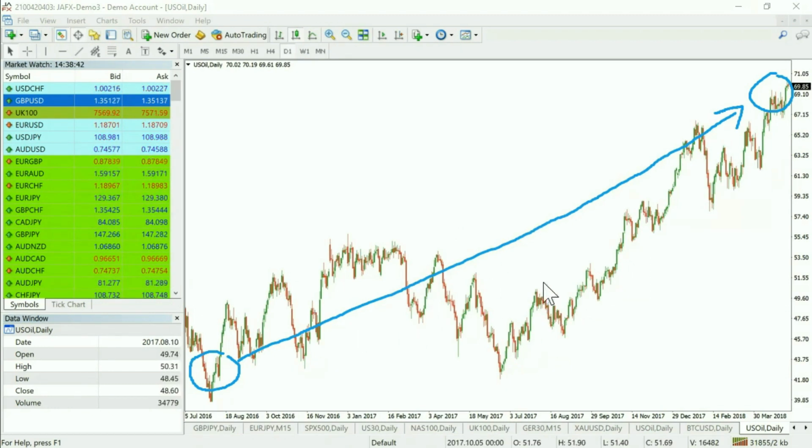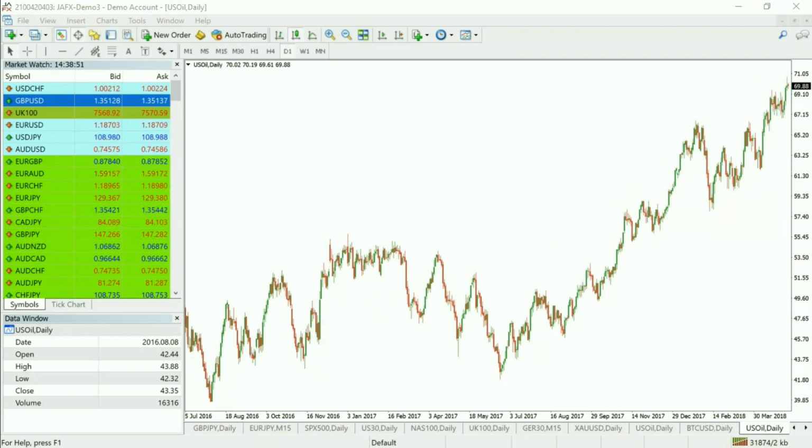What a trader would do when they see a market like this is look for opportunities to buy this market. Now, as you can see, it's not linear. It hasn't just moved from the bottom left-hand corner to top right. The price down here on the bottom left is around the $40 level. Now we're close to nearly doubling that, up at $70. So we're clearly in a bull market.